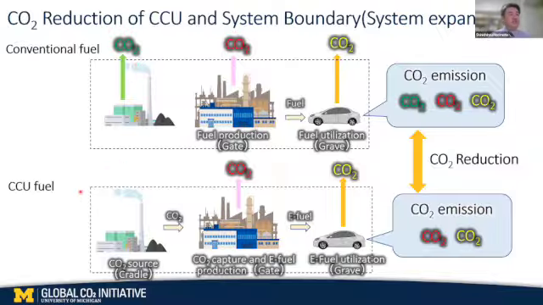But in CCU fuel, the yellow CO2 emitted from fuel utilization is accounted, but this amount is the same as the CO2 emission from the CO2 source, so we don't have to include the green CO2. So if you compare this and this, the green CO2 is the amount of CO2 reduction. Again, what is very specific in this tool is you can distinguish the system boundary, whether you choose cutoff or system expansion.